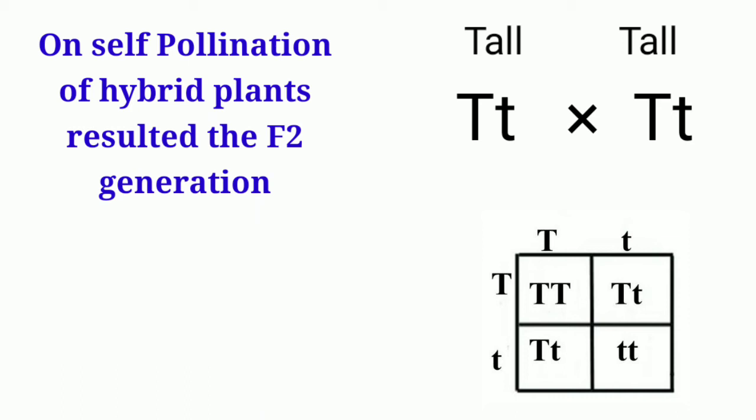Now 50% of the gametes will bear capital T for the stem height, and 50% of the gametes will bear small t for the stem height, and this will happen in both the male and female reproductive parts. Now the gametes, when they come for the process of fertilization, that is shown in the Punnett square.